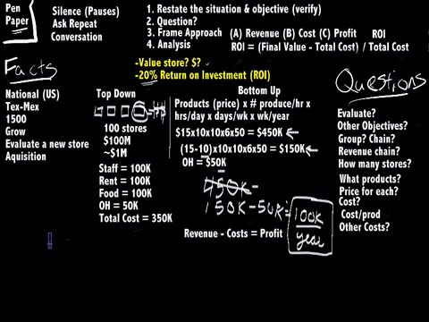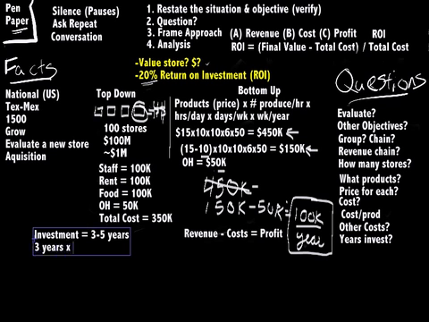So we might want to ask the interviewer, well, how many years are we keeping this investment? The typical answer, if they don't have one, they might say it's up to you, is 3 to 5. So let's say, for the sake of this case, that we're going to say 3 years.